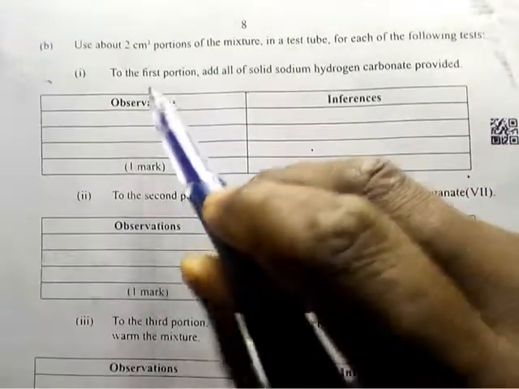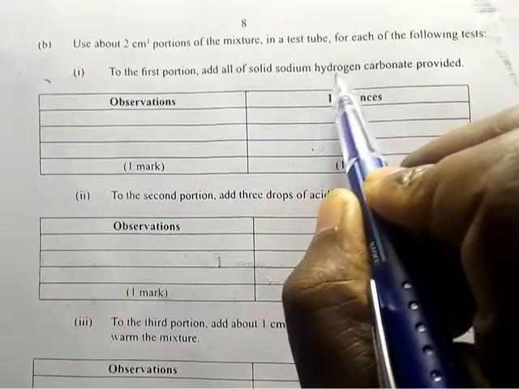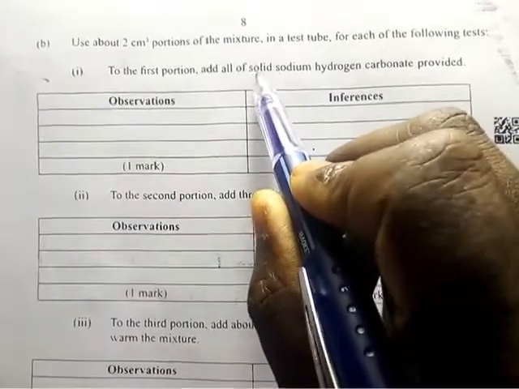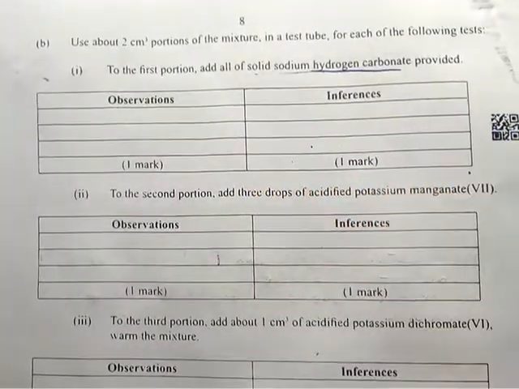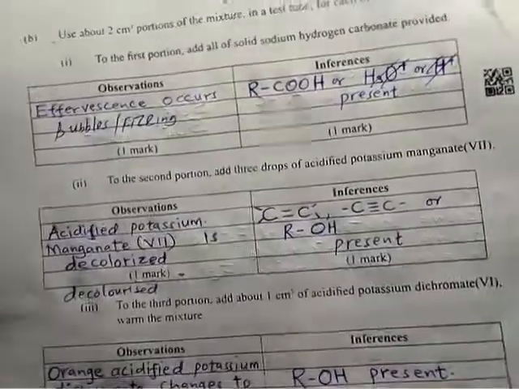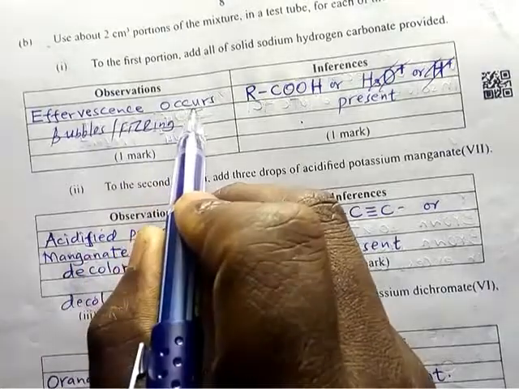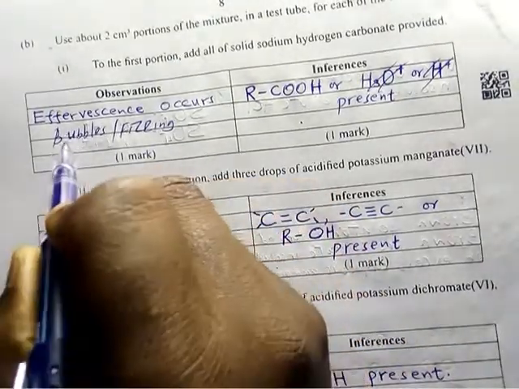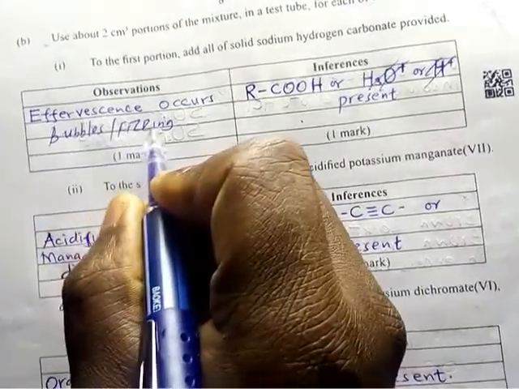To about 2 centimeters portion of the mixture in the test tube, for each of the following tests, add sodium hydrogen carbonate. Whenever you are adding sodium hydrogen carbonate, you expect effervescence. So effervescence occurs. If you don't write effervescence, you can write bubbles are formed or fizzing occurs.